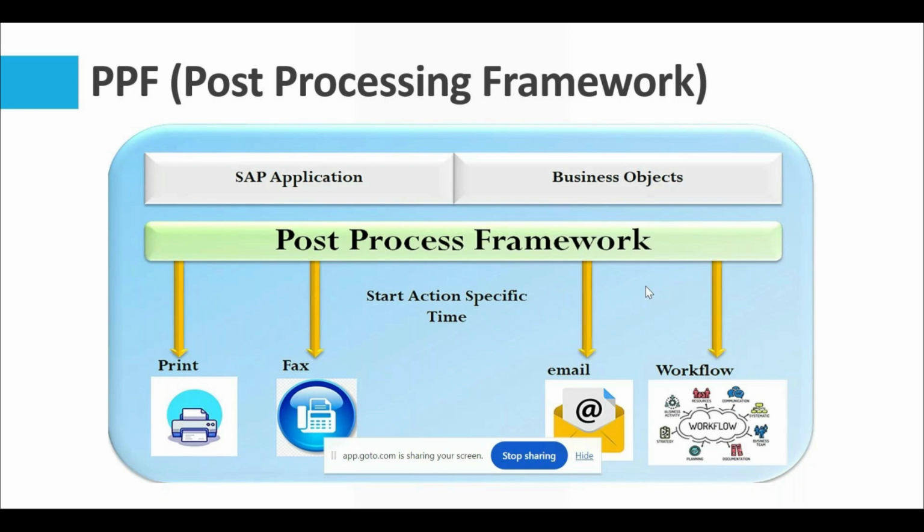As soon as we hit save and a commit work is triggered, all the action definitions will be executed. So please remember: the schedule condition picks the action definition and puts it into the pool of executable action definitions. The start condition tells the SAP system to trigger and process this PPF.